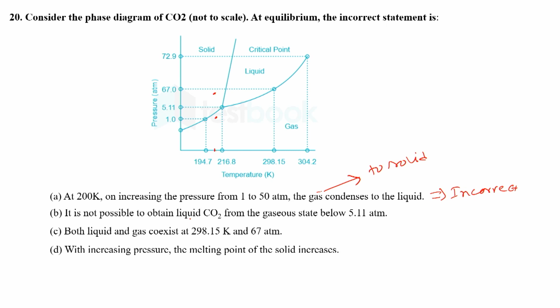It is not possible to obtain liquid carbon dioxide from the gaseous state below 5.11 atmosphere. That also I mentioned while discussing the phase diagram of carbon dioxide. Suppose 1 atmospheric pressure. If we start with the solid phase here and increase the temperature, we get the gas phase directly, right?